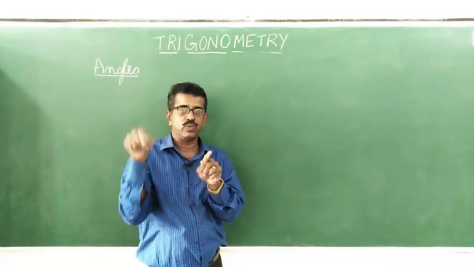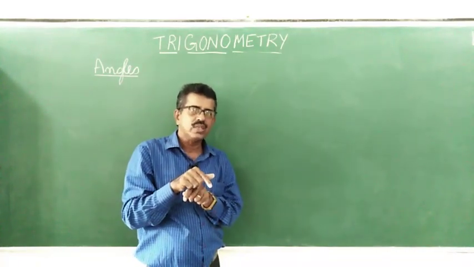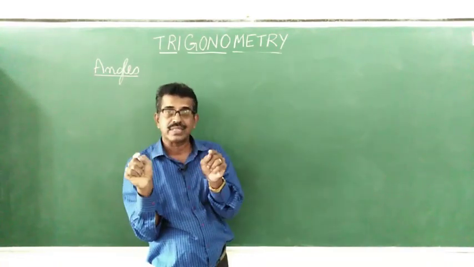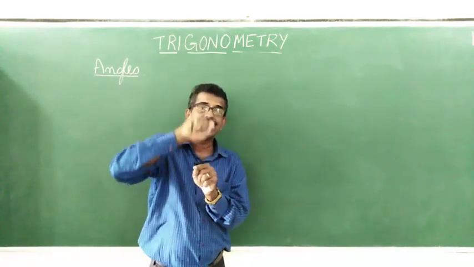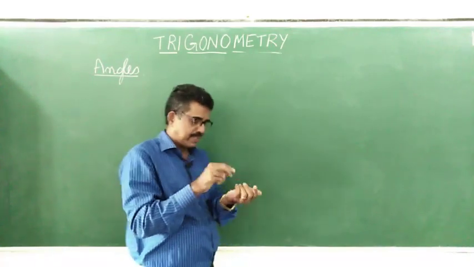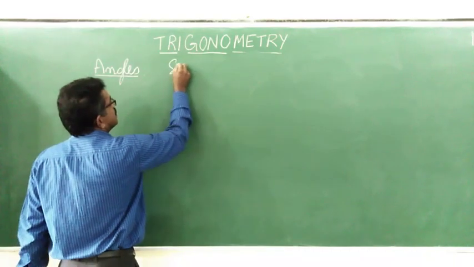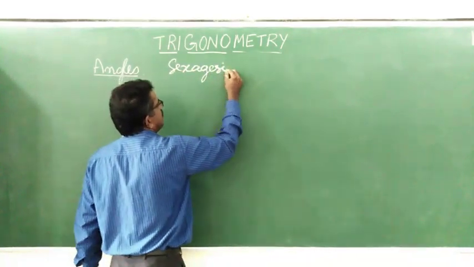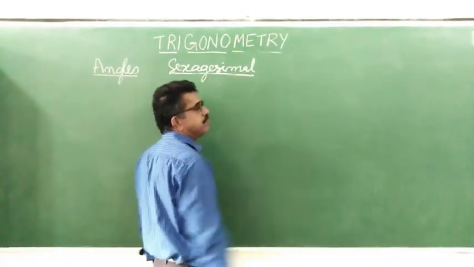With the protractor, the angle is measured using that equipment, and the angles are given starting with 0 on one side, 180 degree on the other side, and 90 degree in the middle. We call it degrees. That particular system which you have studied earlier is simply known as the sexagesimal system.